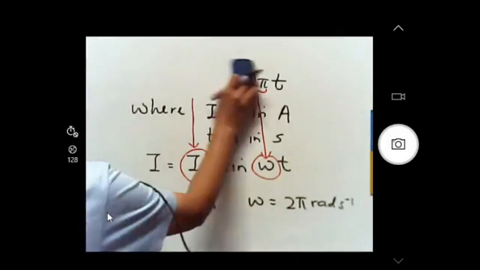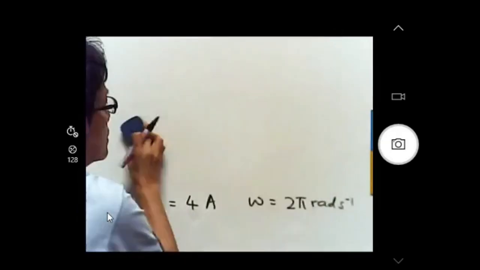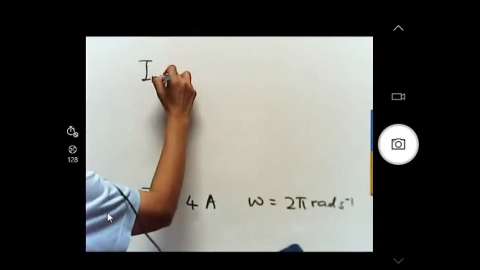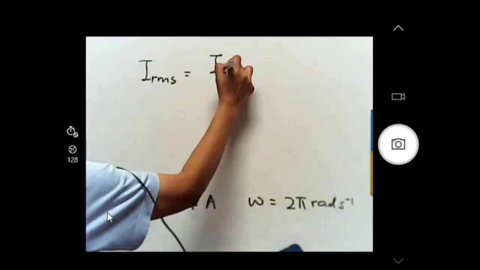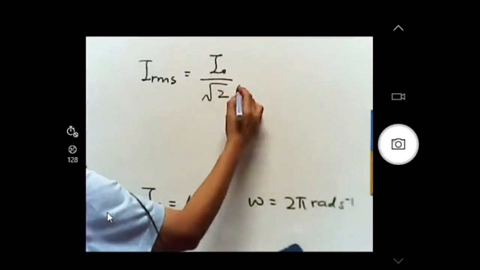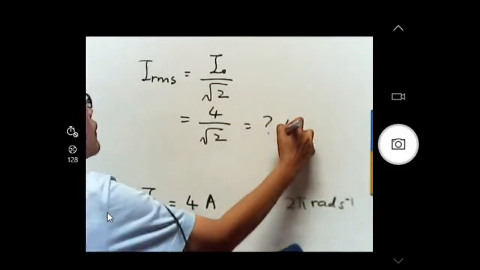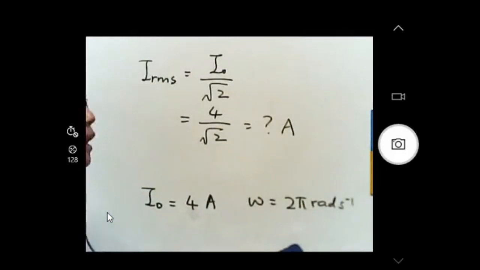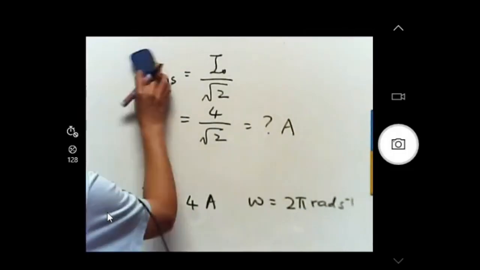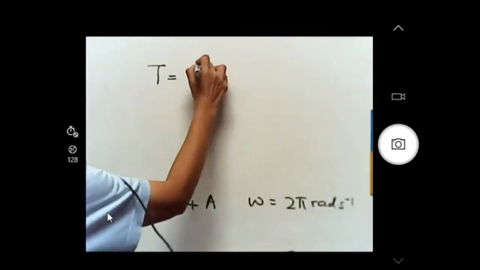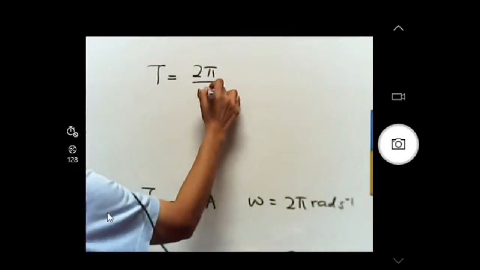Knowing this, I can calculate the root mean square current, which is I naught over root 2, that means 4 divided by root 2, and then you will have the answer. Same here, maybe I would like to calculate the period. So I know period equals 2 pi over angular frequency.